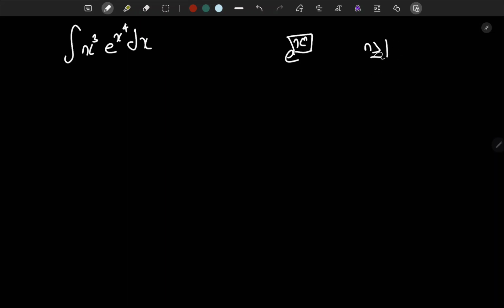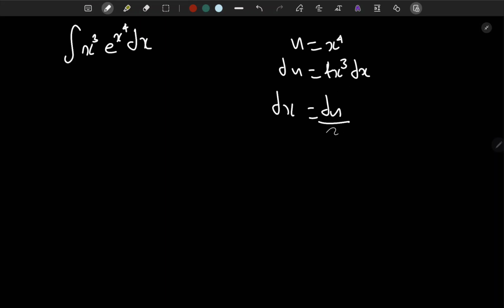So let's take u to be x to the 4, and then du is going to be 4x cubed dx, so dx is going to be du over 4x cubed. Now we can substitute, go back to the original equation. So integration of x cubed e to the power of u, and dx is du over 4x cubed.